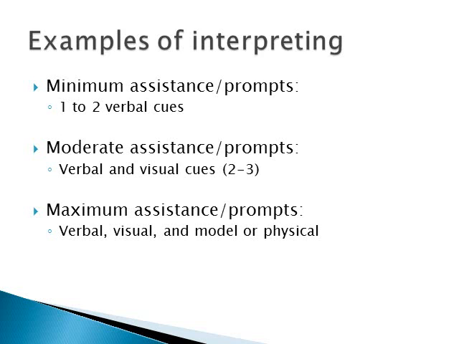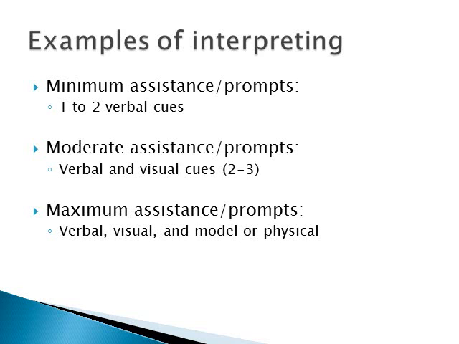So one of the things you can think about, when we talk about the hierarchy of prompts, you want to think about that hierarchy I just showed you. Is it a verbal or is it a physical prompt? And then when you're thinking about support, you also want to keep in mind, how many prompts do I have to give them?